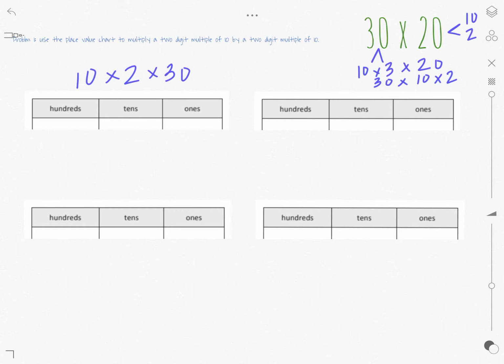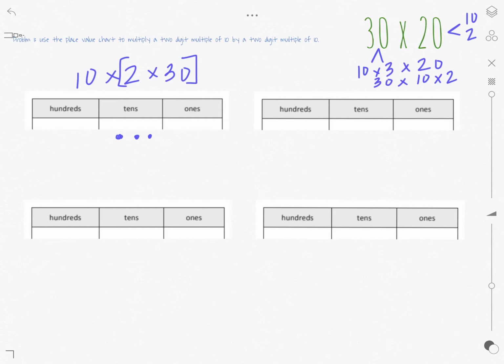I'm not going to multiply by 10. I just want to worry about what I'm putting in my brackets right now. 2 times 30. So the first thing that I've got to start with is 30. Well, I can put 30 in the ones column, but I'm going to have to end up bundling anyway. So if I just think about, I have 0 in the ones column and 3 in the tens, it'll keep me from having to do that extra step.